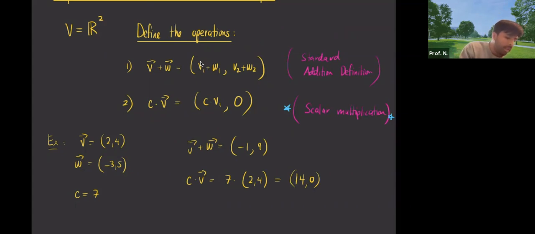Is the sum of two vectors still in V? Check. And is the scalar multiplication something in V? It is. So it is closed under addition and scalar multiplication.